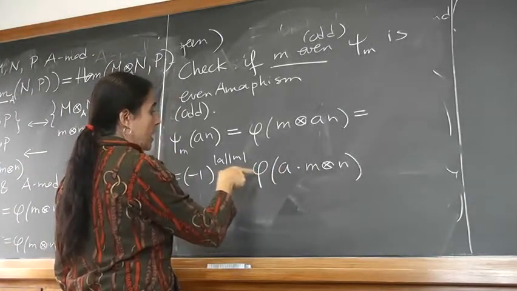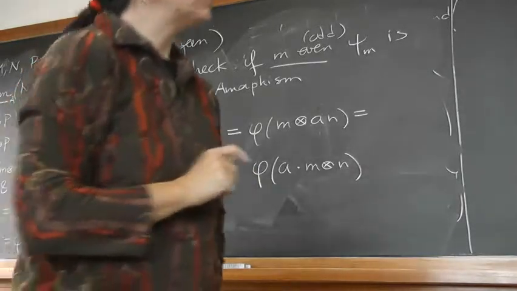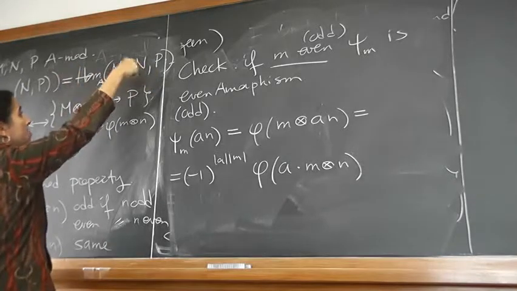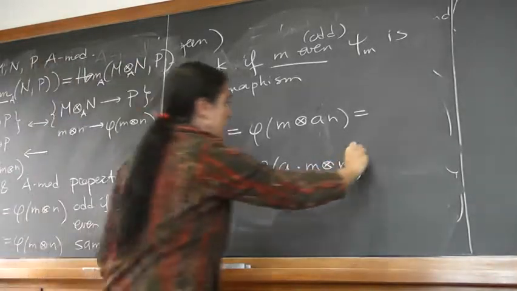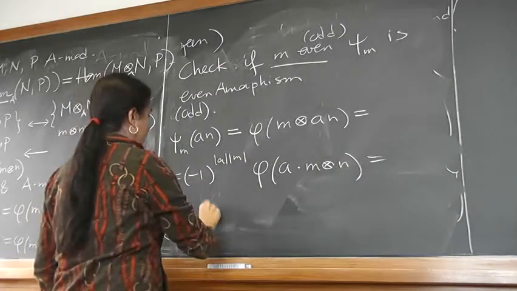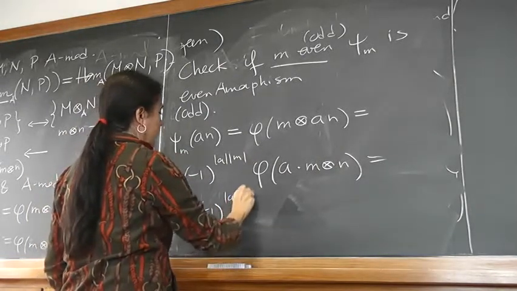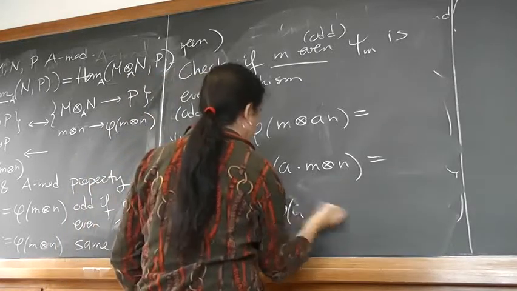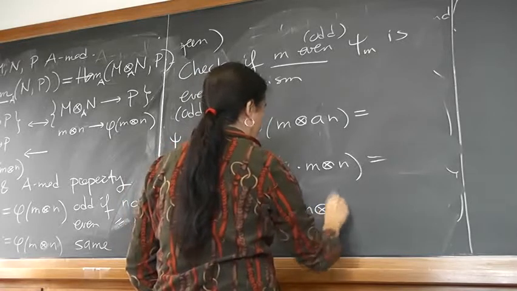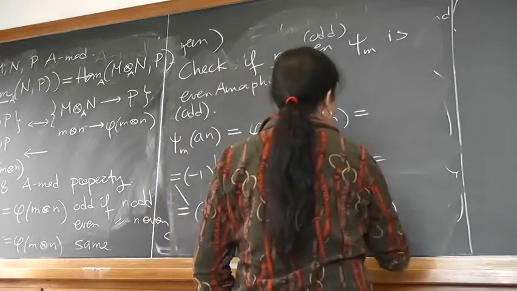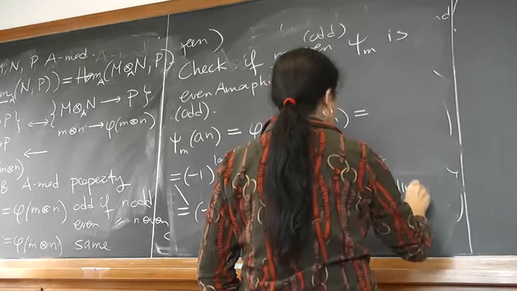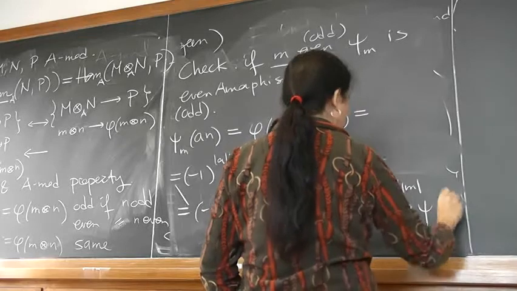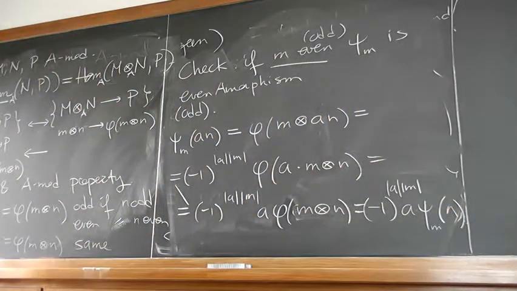Psi is even, so this is (-1)^(parity of A, parity of M) A psi M. So psi M does what it should do.